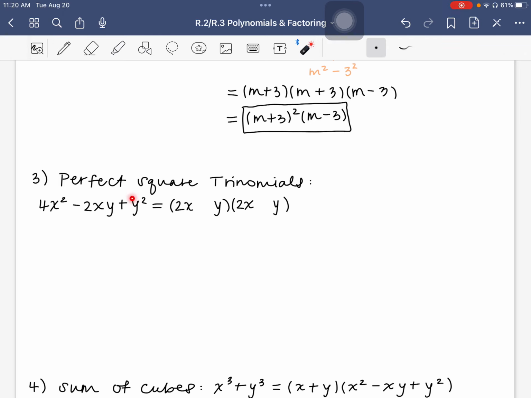And then this is a positive y squared, but we have this minus 2xy here. So we know that we're going to have both minus signs here, because negative y times negative y is equal to positive y squared, which is exactly what we want. And then fully simplifying this, we get 2x minus y squared.